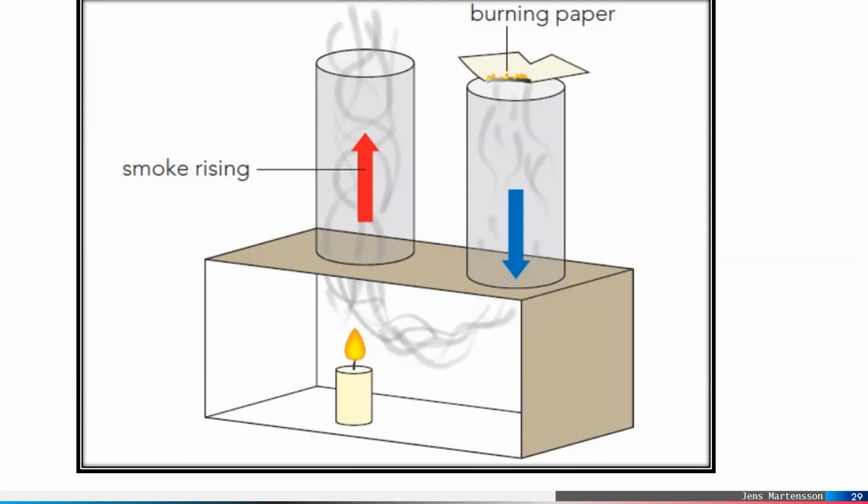In the second one, put a candle at the bottom of the glass tube, and put a burning paper. You will notice that the paper sinks down, not rising up. That's because the air particles rise up, as they become lighter as they gain more energy, and the temperature increases as well.